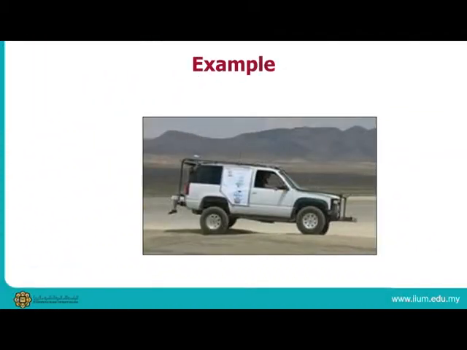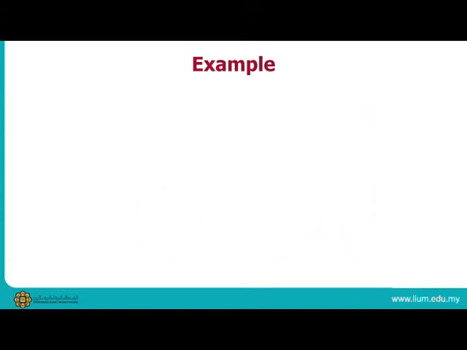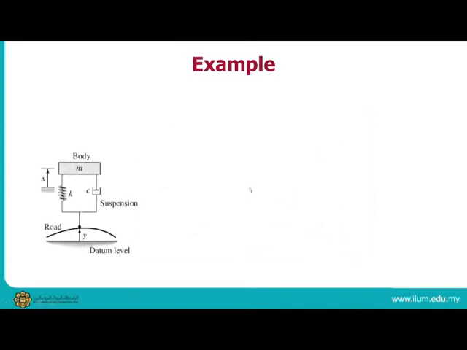Okay, let's look at another example. We have a car suspension system here, which can represent the suspension of the car. This M is the body of the car itself, and Y is the road profile.